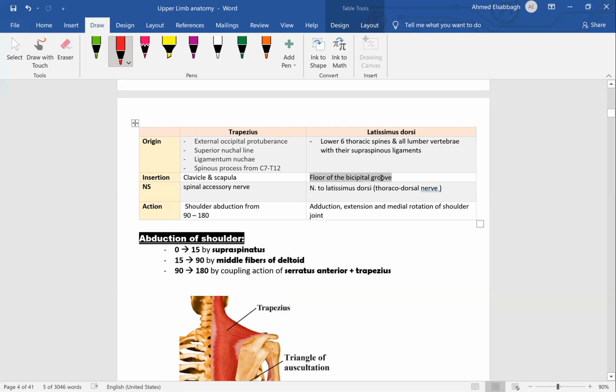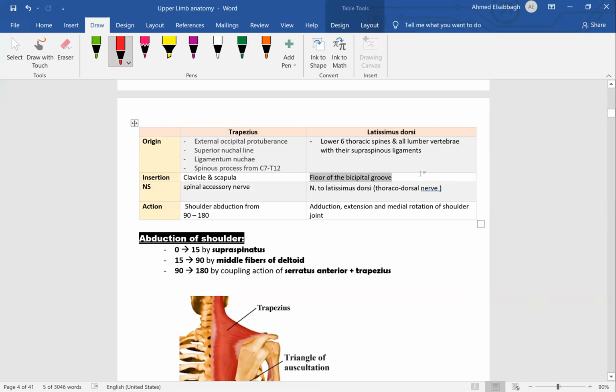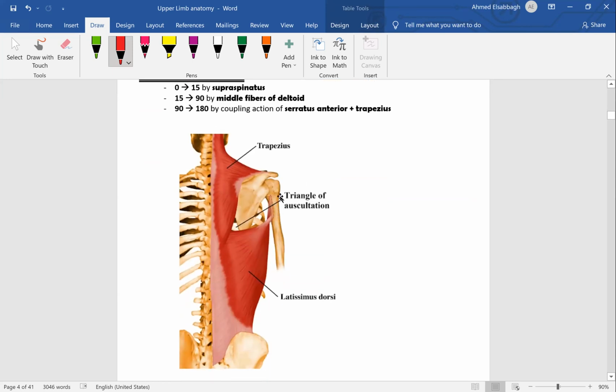So now we have two of the three muscles attached at the bicipital groove: pectoralis major in the lateral lip and latissimus dorsi in the floor. A single remaining muscle will be inserted into the medial lip. This is latissimus dorsi, and this is its insertion into the floor of the bicipital groove.